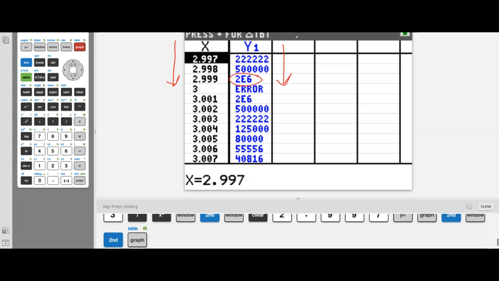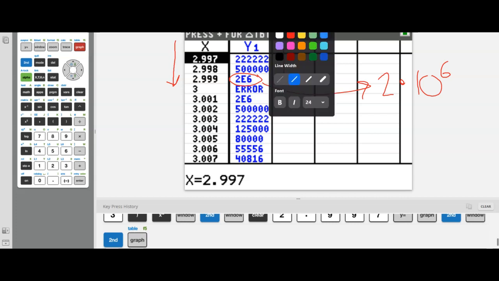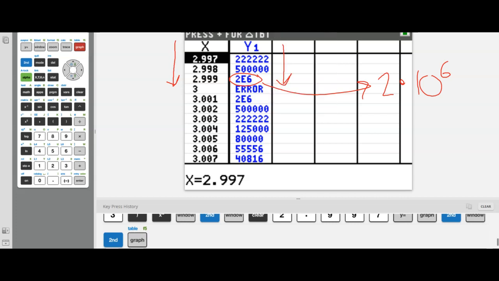And that just means we're multiplying 2 by 10 to the power of 6. So this equals 2 times 10 to the power of 6. They're just rewriting it to save space, essentially. They don't have enough space in the calculator to write all those digits, so they shorten it using a form of scientific notation.